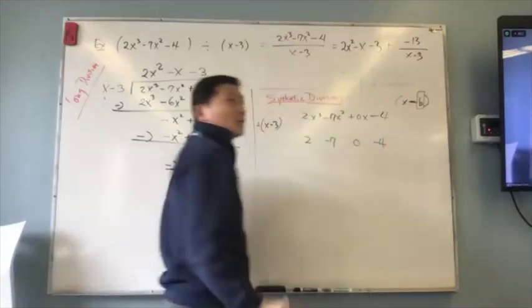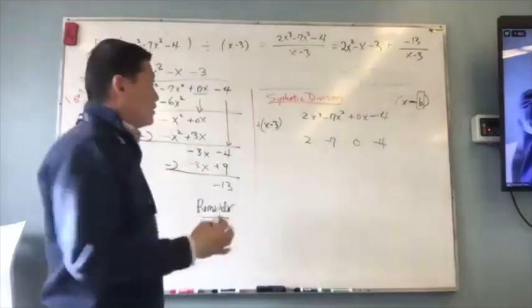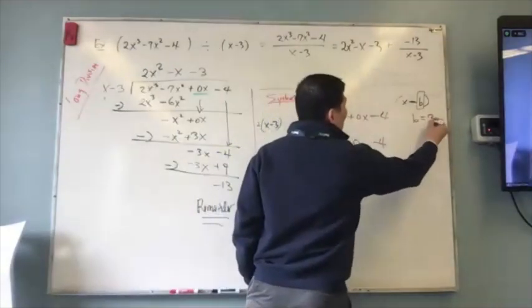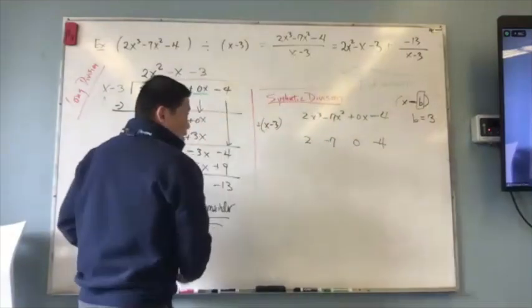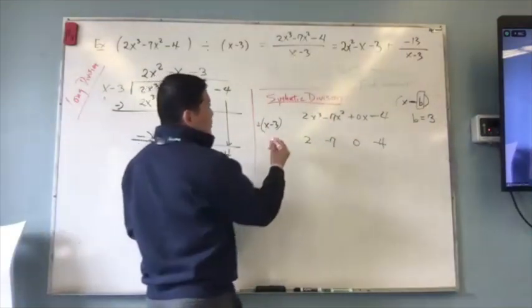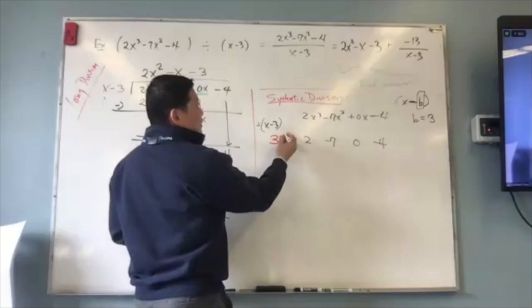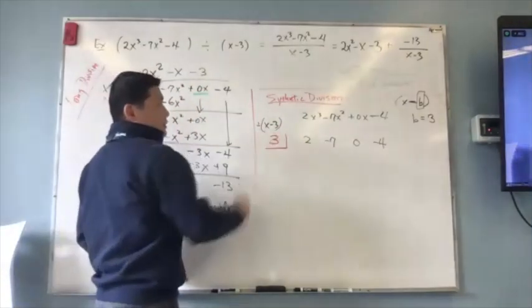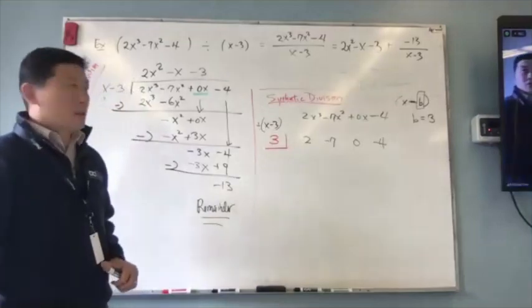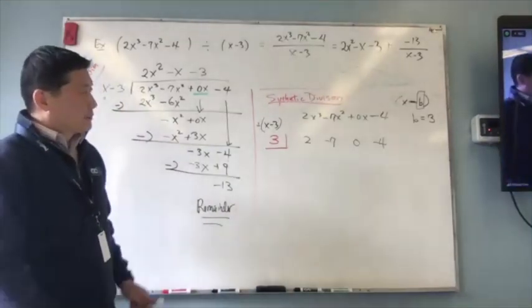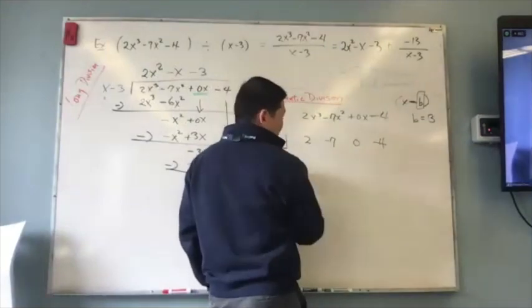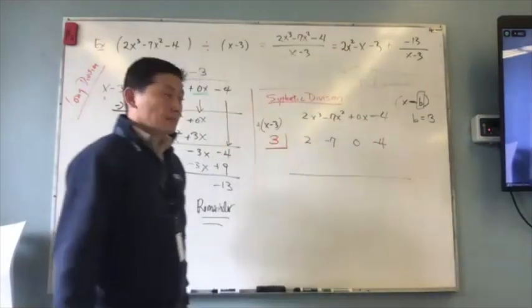This is an expression of x minus something that is positive. So this b in this case is 3. So I put 3 over here, and I put a little right angle over here. And then I leave a gap right here, and I draw a line across.